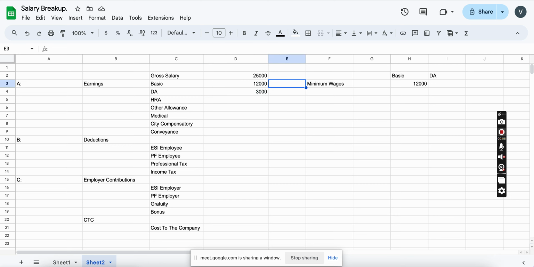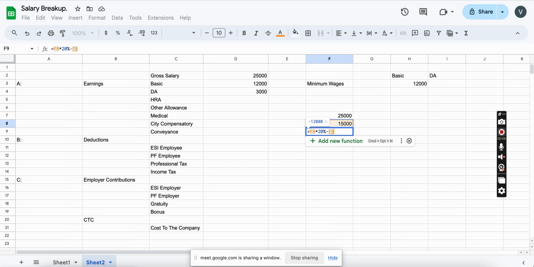So it's not that we have some particular percentage for DA. Actually, if you want to calculate DA, then how is DA calculated? Suppose 25,000, into 60%, then it will happen like this, into 20% minus this itself. So based on the basic, we are going to segregate it.